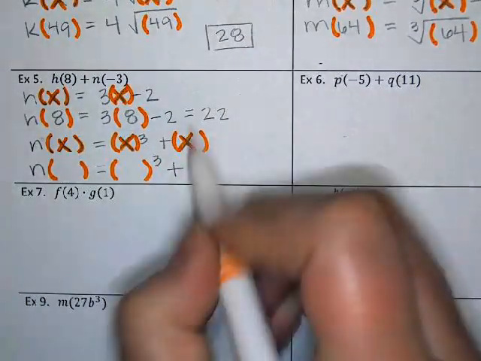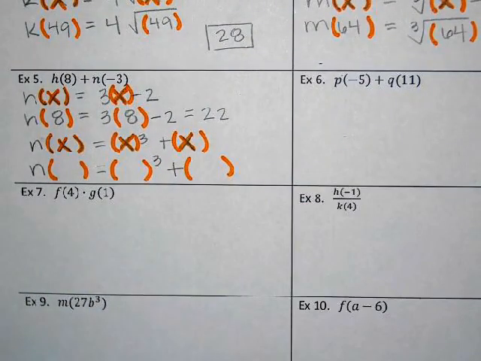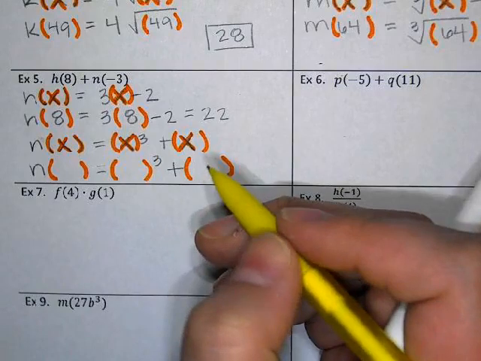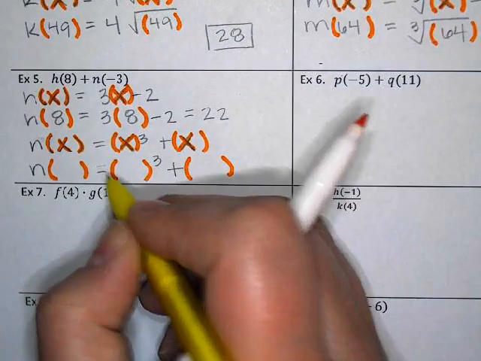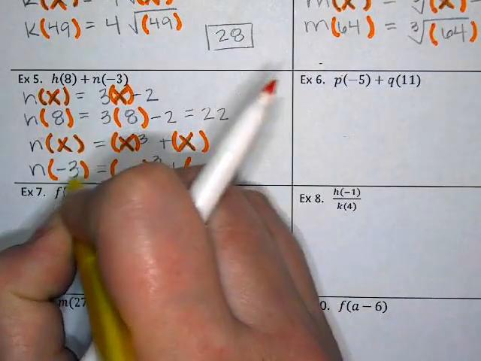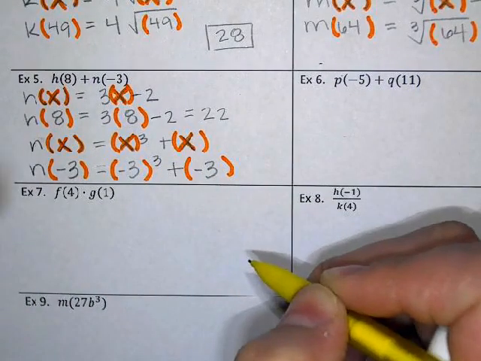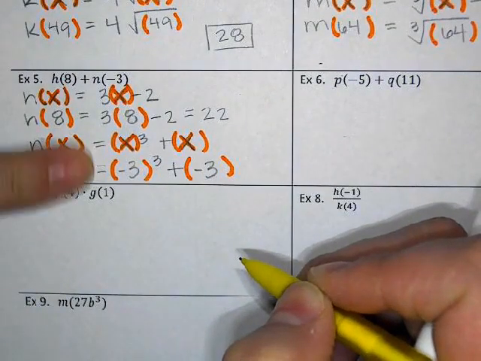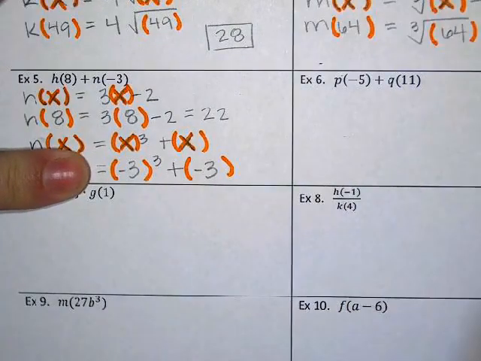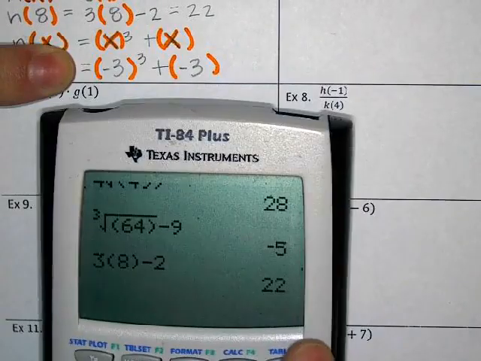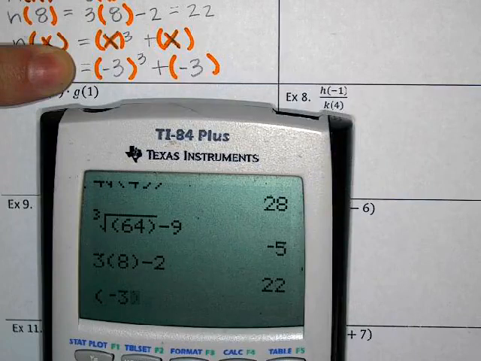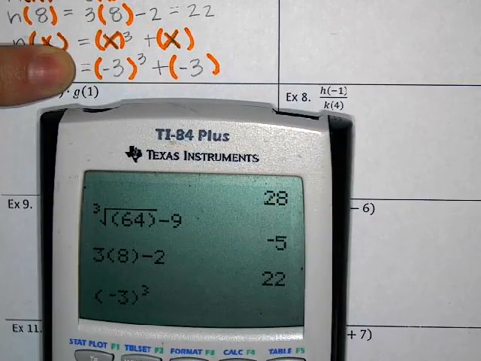And the number that we're plugging in for n into the function n is negative 3. So I'm plugging negative 3 into the x. So this part here is just notation. And then I'm going to type in parenthesis negative 3 to the third plus negative 3.